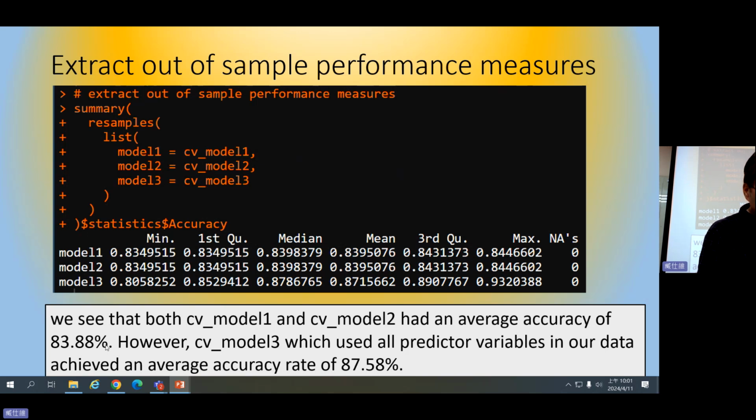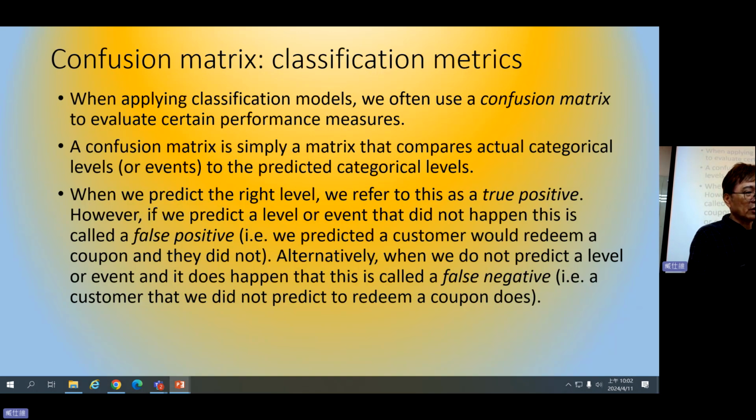I don't know why I have this number here, but the average accuracy here is 83.95%. But model 3 is a little bit higher, which is 87.15%. So model 3 seems to perform better than model 1 and model 2. This is the out of sample performance measures, just for your reference.